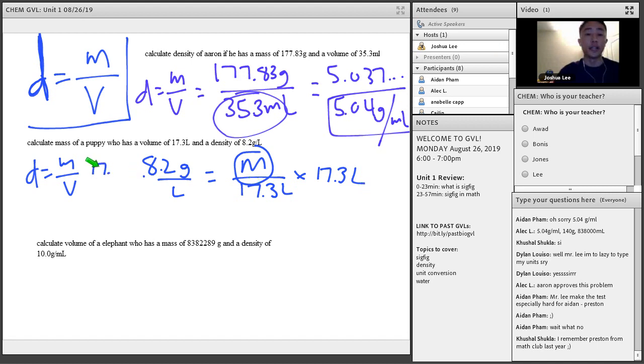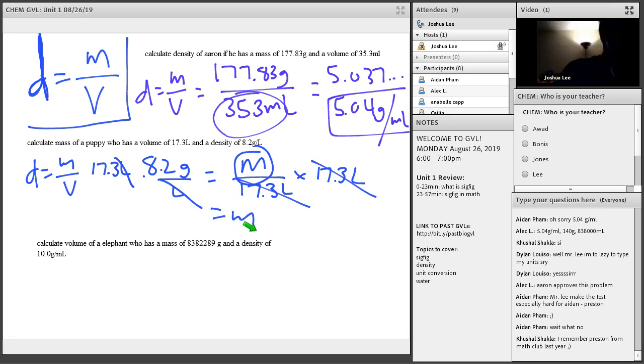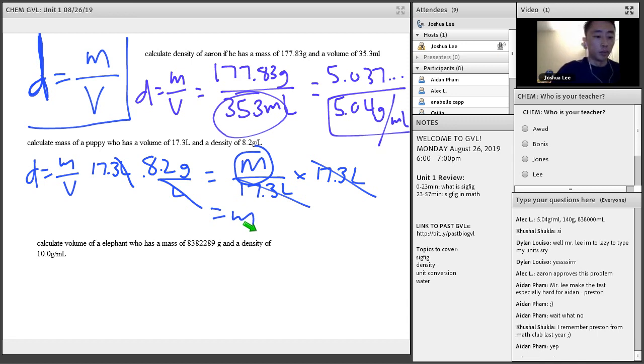If you do all your math with the units, the liters cancel out, leaving you with 17.3 times 8.2, which is 141.86 grams, but with correct sig figs, which would be 2, my answer is 140 grams. Nice.